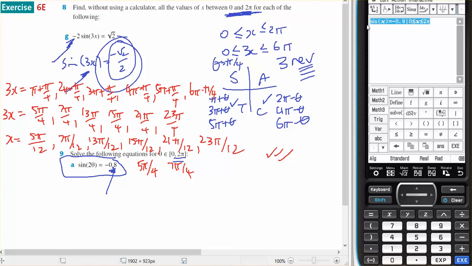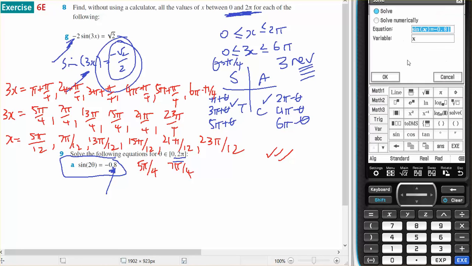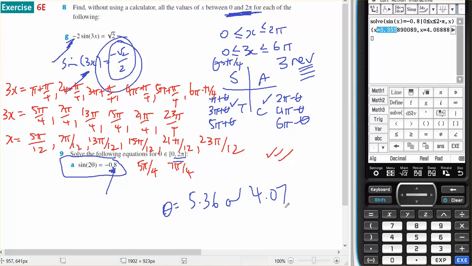I'm going to solve for x. And in decimal form I get two answers of theta equals 5.36 or 4.07 radians.